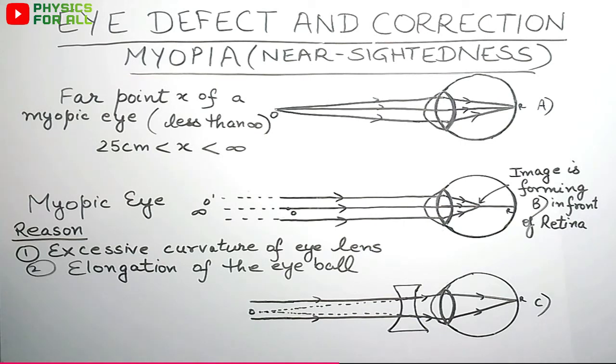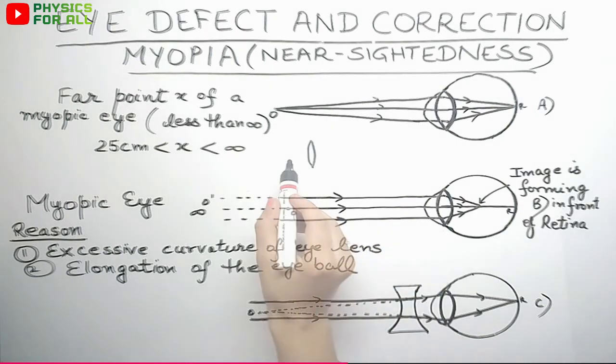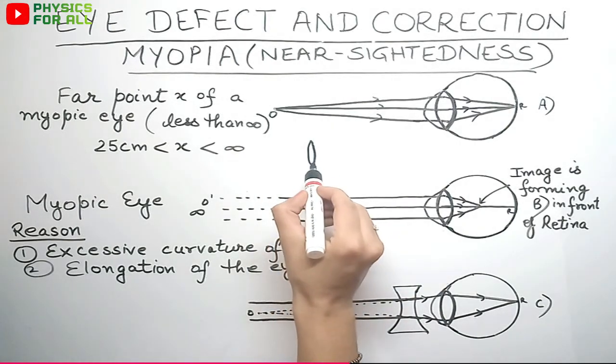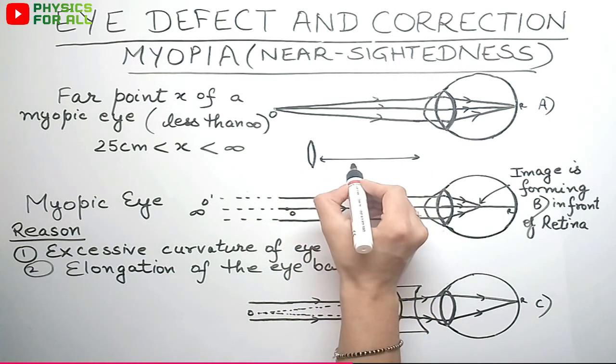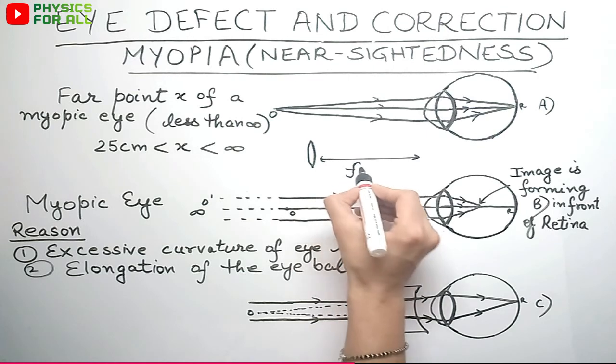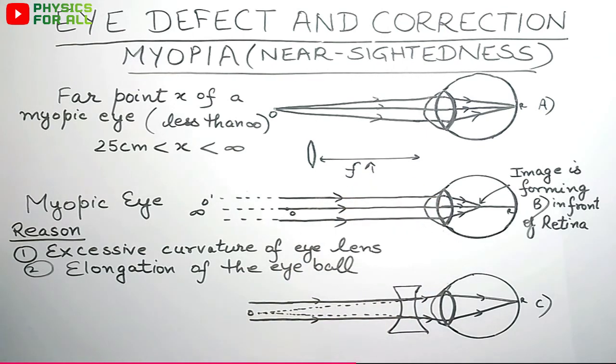Now, in a normal eye, when the eye sees a distant object, the ciliary muscles relax and our lens becomes thin. When the lens becomes thin, its focal length increases, and due to that, the lens is able to form the image of that distant object onto the retina.